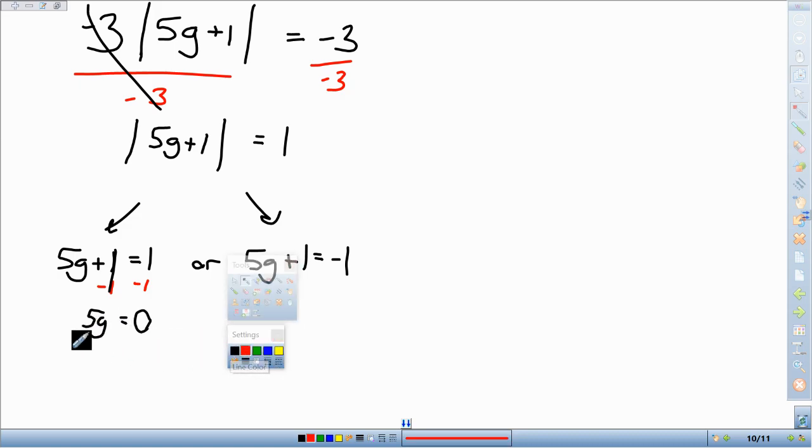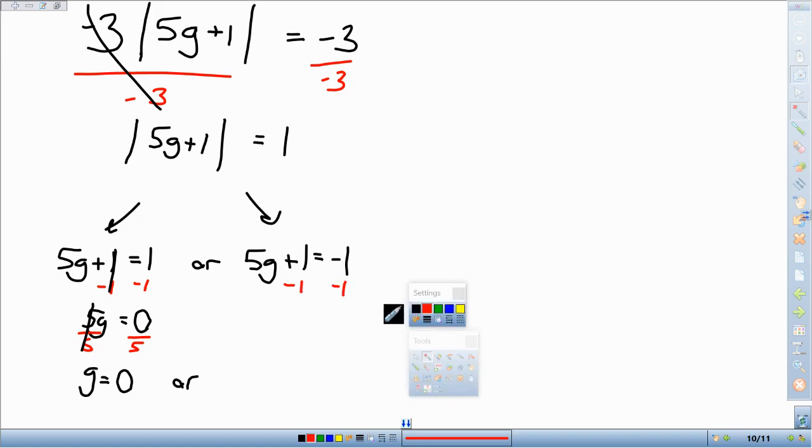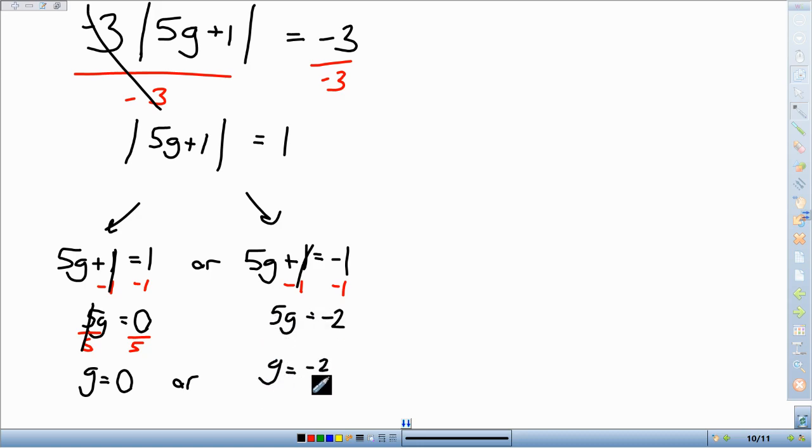Divide both sides by 5. Just a reminder, guys, whenever you have 0 divided by any number, you just get 0. So g equals 0. Or when I subtract 1 from both sides, I get 5g equals negative 2. Divide by 5, g equals negative 2 over 5, right? Or negative 2/5.